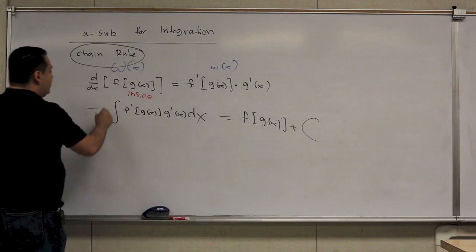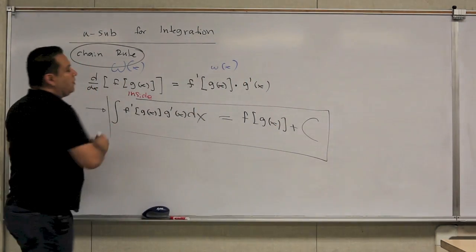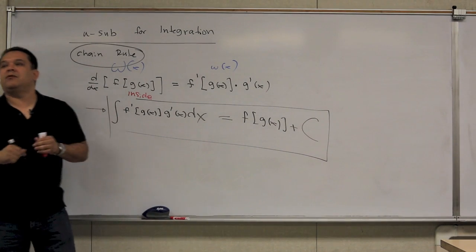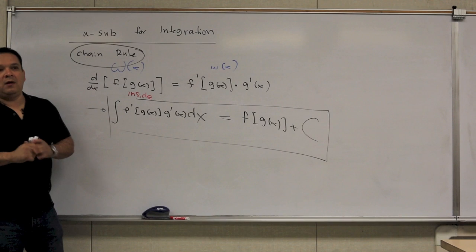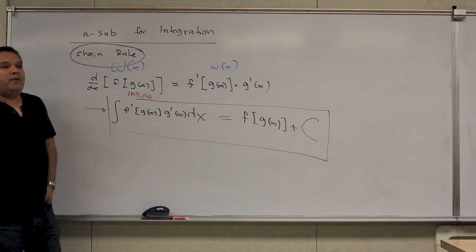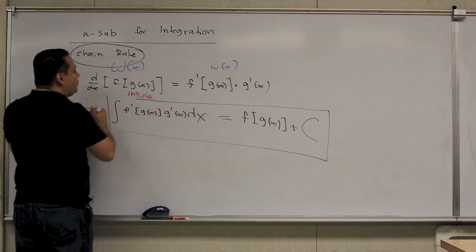Okay, this is what we call U substitution, but you're going to say to me, well, where's the U? There's no U here. Do you see a U anywhere? No. Did you see a U before with chain rule? What was U with chain rule? Yeah, it was the inside function. This was your U, right?